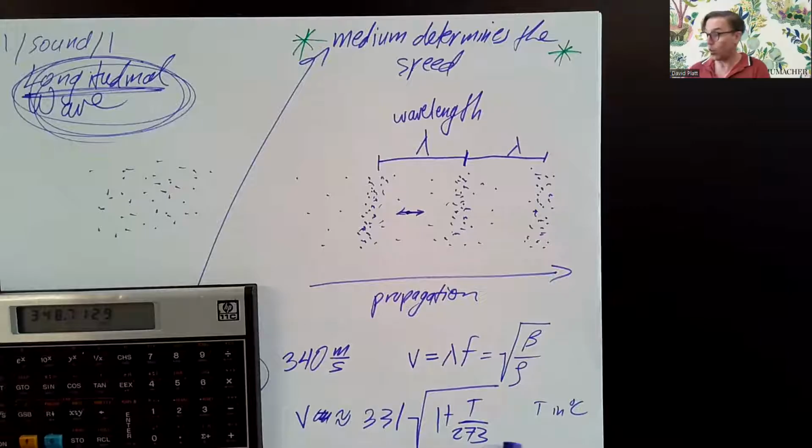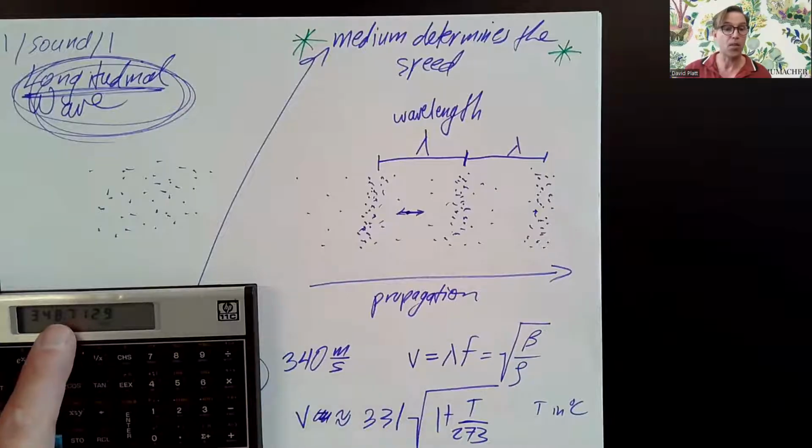What if it's a colder day? As T gets smaller, V should get smaller. Let's say it's going to snow. Well, that's 0 degrees Celsius, and the math is a whole lot easier because the square root of 1 is 1, and 1 times 331 is 331. So from really cold, freezing, literally, up to really hot, 30 Celsius, the speed could range from 331 all the way up to 349.